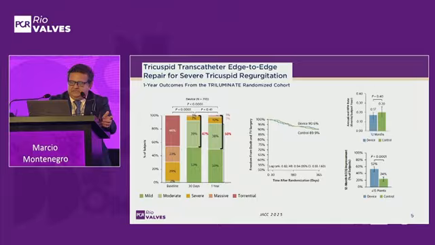And when we see other, more contemporary solutions, like the TRILUMINATE 1-year outcome, at 30 days it's possible to see the benefit, but at 1 year, we can see that half of the patients have some grade of TR, and if you remember, in this kind of patient, the survival is less.